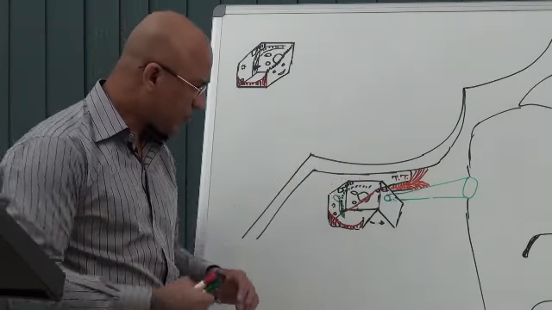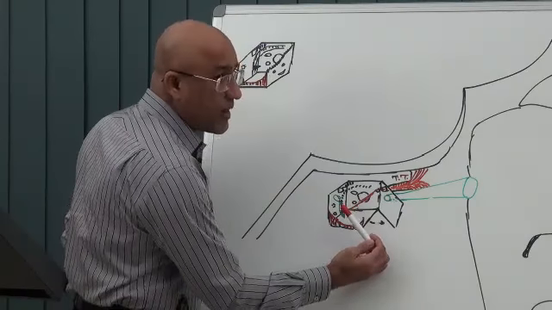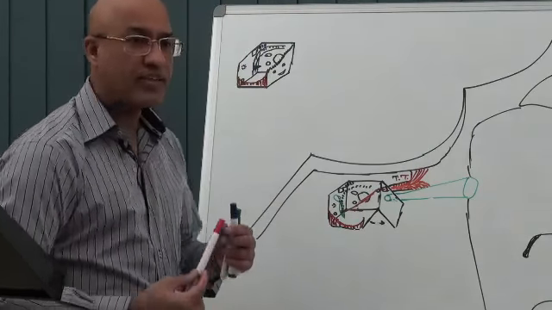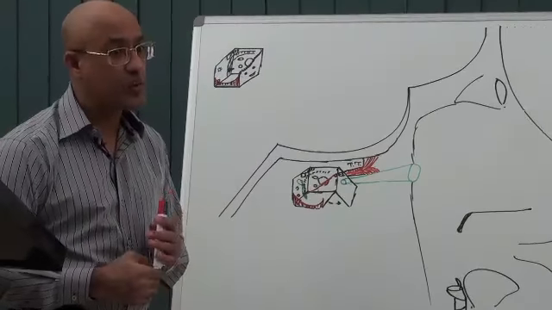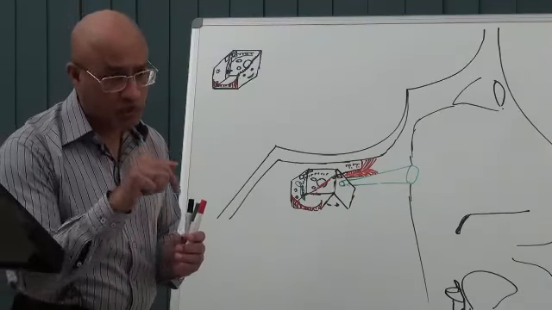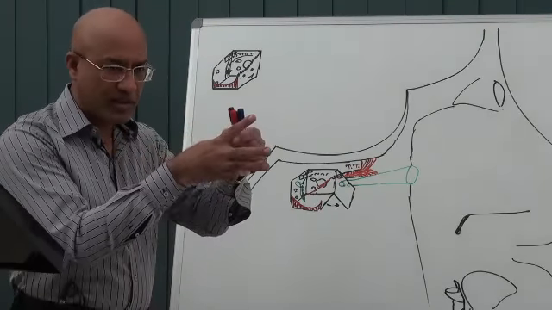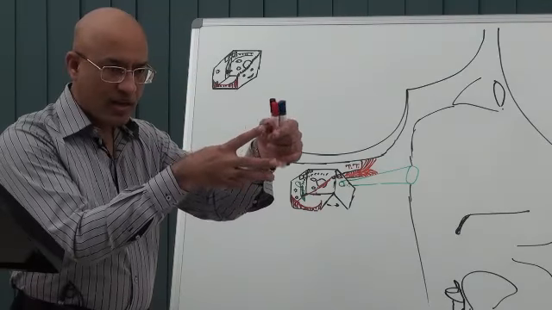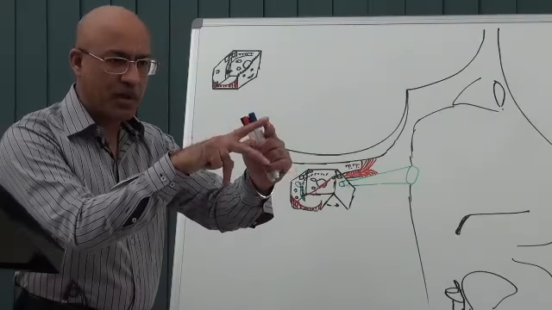So this muscle is supplied by which nerve? It is supplied by the trigeminal nerve. Which part of the trigeminal nerve? Mandibular division. Which part of the mandibular division? Of course, the motor part of the mandibular. Actually, you know, the trigeminal nerve has three divisions. There is, what is this? Ophthalmic, maxillary, and mandibular.